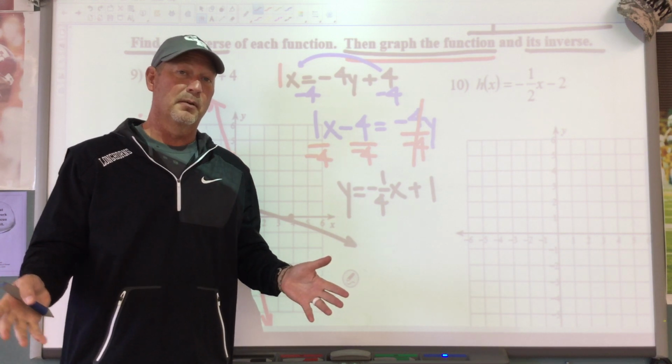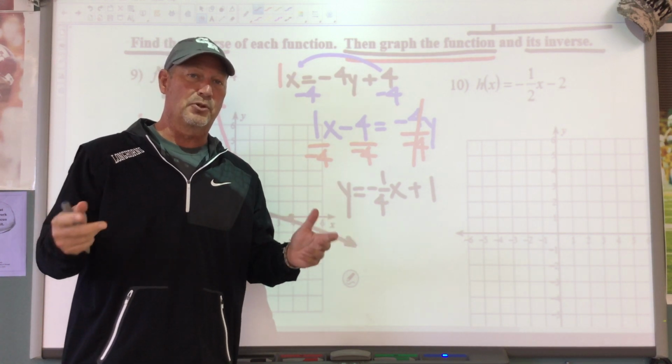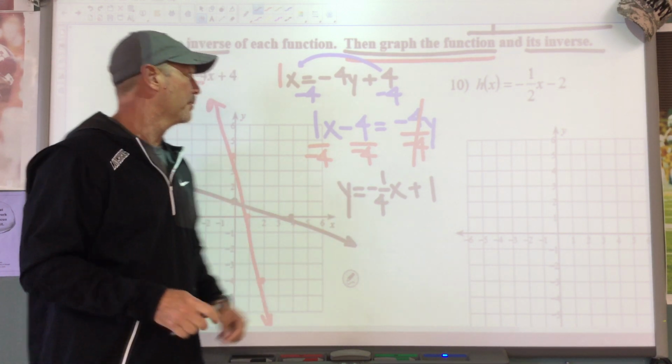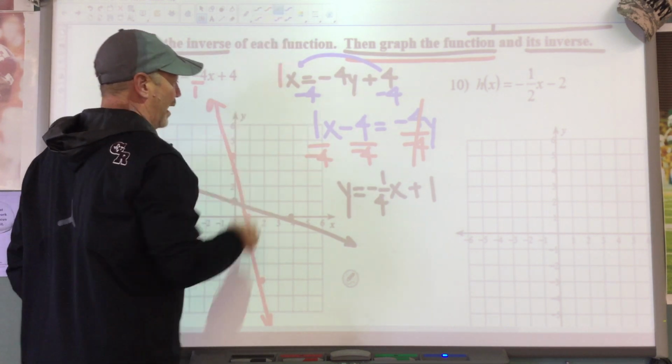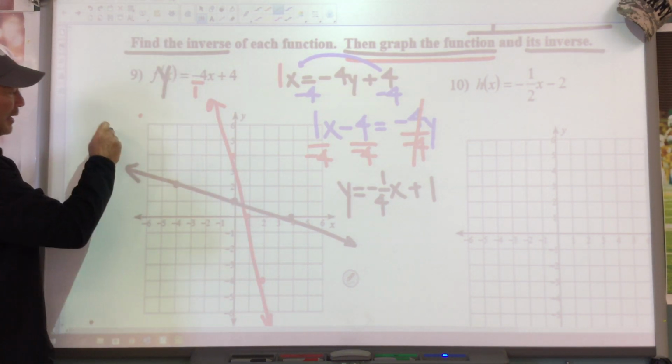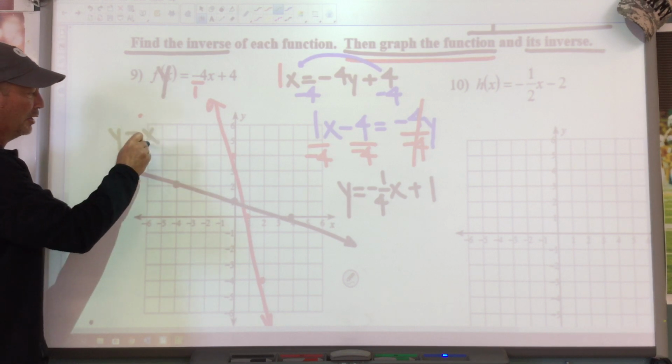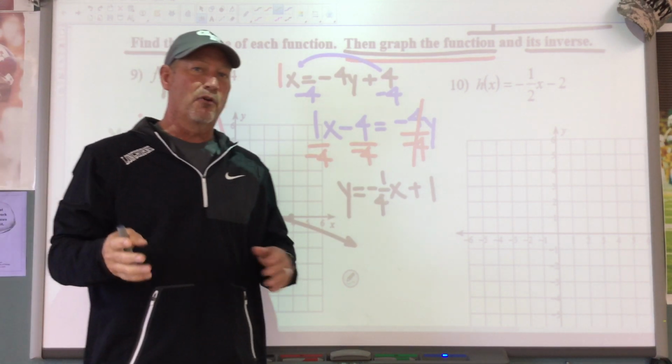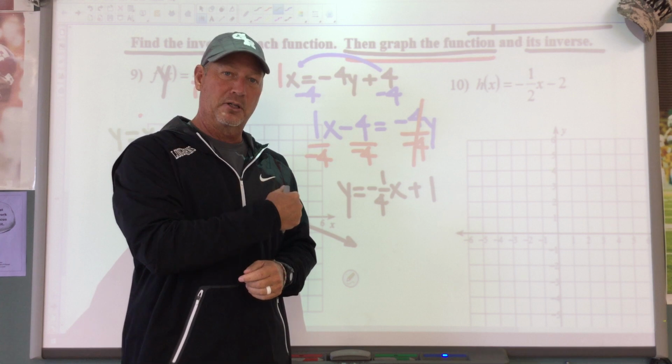We would be done. But let me just show you something while you understand what's going on and see if you remember the last lesson. If I was to graph y equals x, in our last worksheet we talked about that the inverse is a reflection over this equation or function.